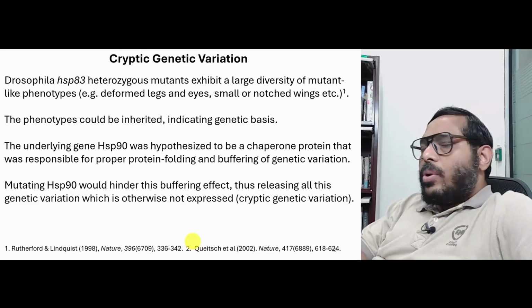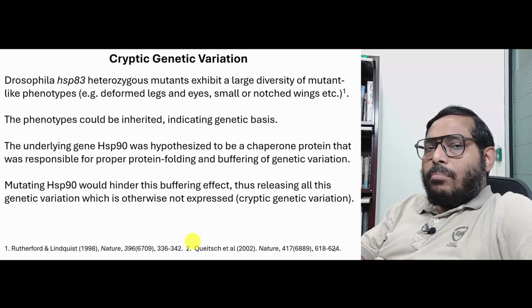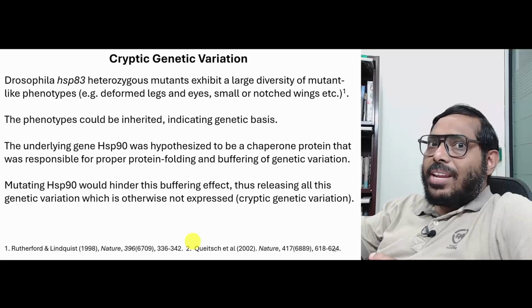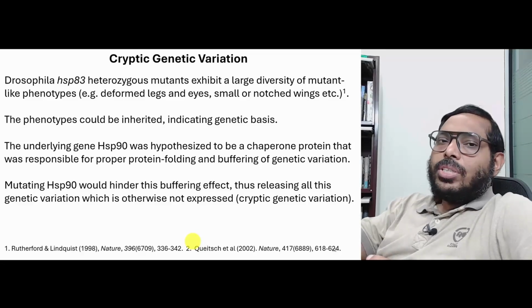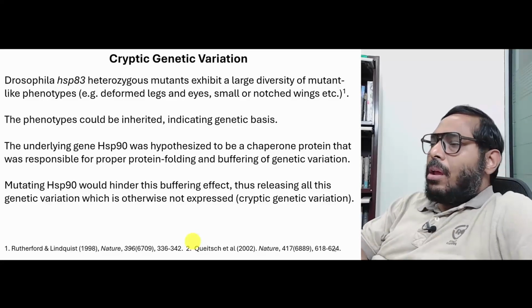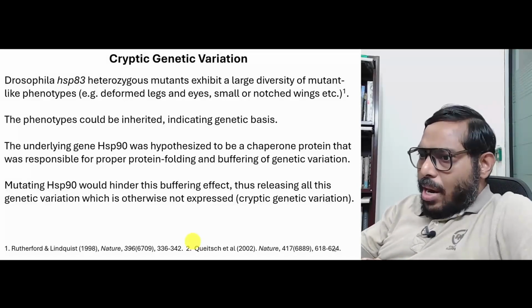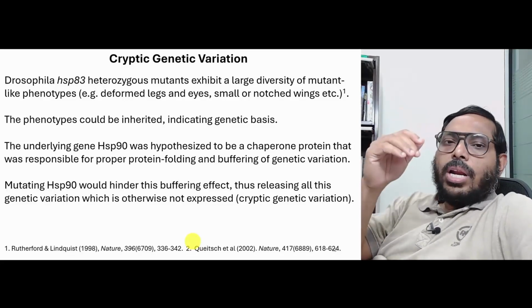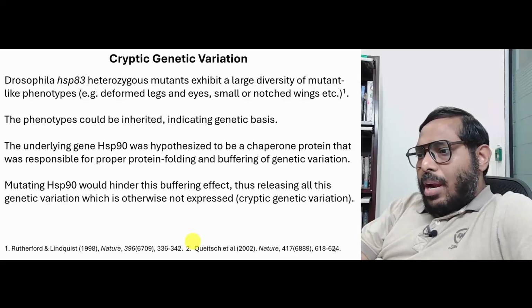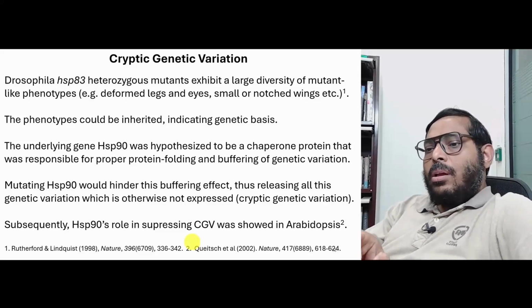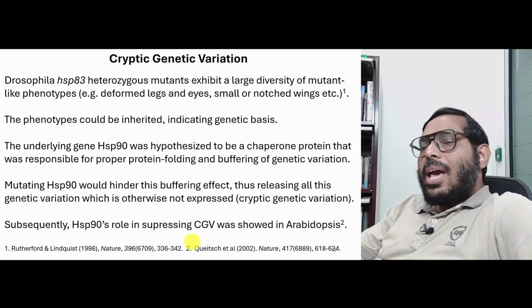Now, you can imagine that this was mega news, which said that organisms have variation which is there but normally not seen. People obviously were skeptical for very good reasons, but Lindquist's group spent a lot of time and were able to show the same phenomenon for HSP90 in Arabidopsis.